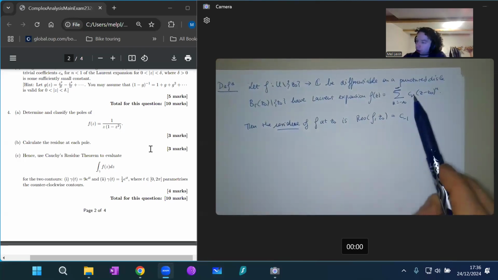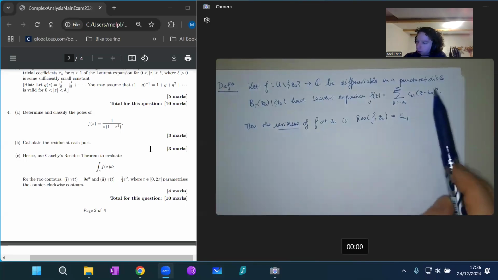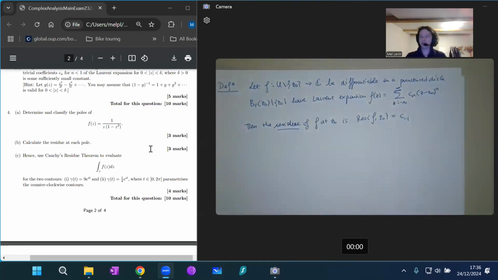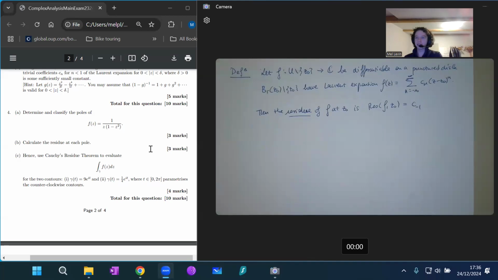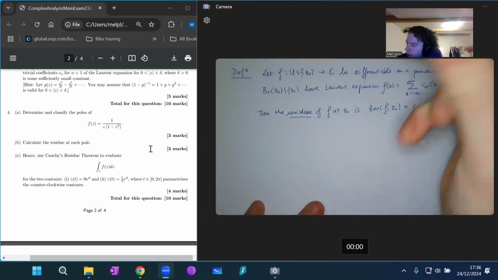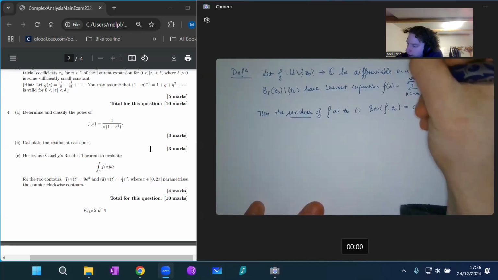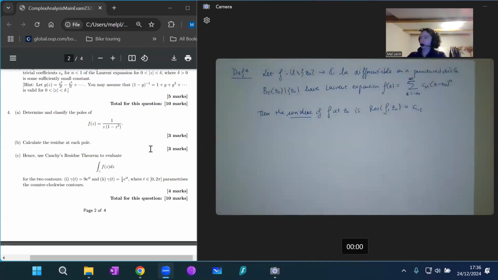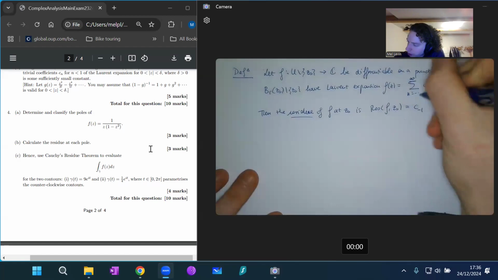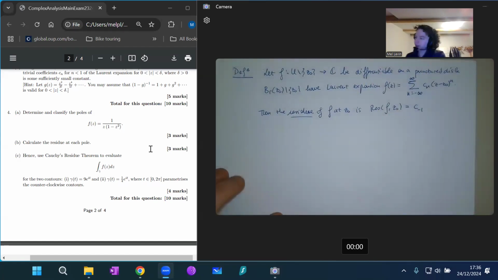So the coefficient attached to (z minus z naught) to the -1. So this seems very arbitrary, but in fact it's crucial. It will become clear later why it's called a residue and why it's important. For now, there it is.